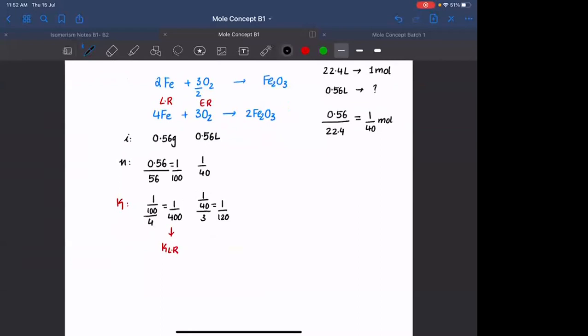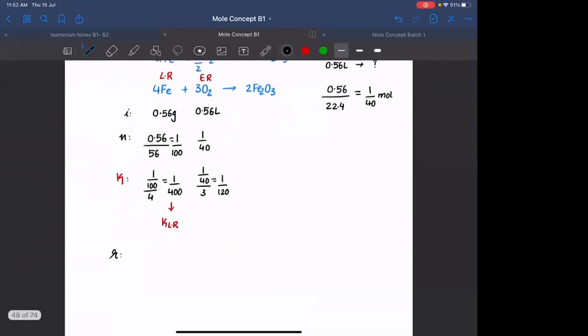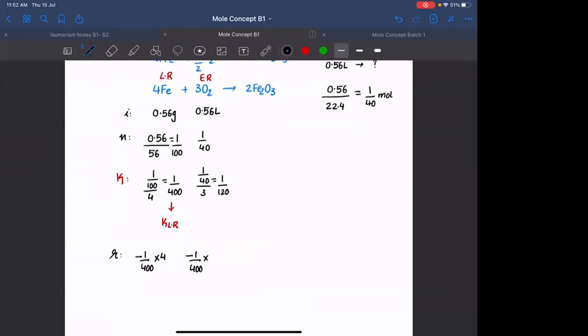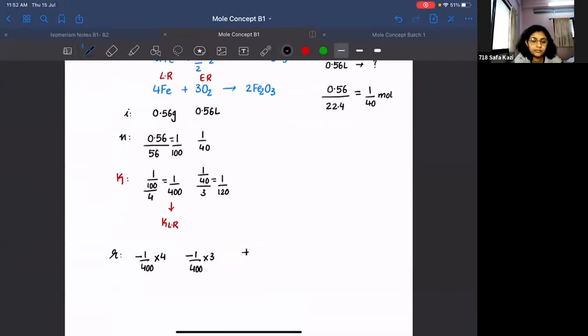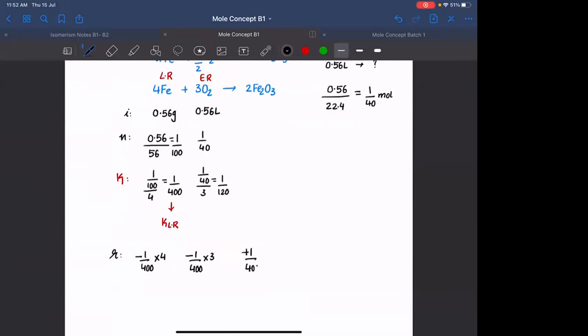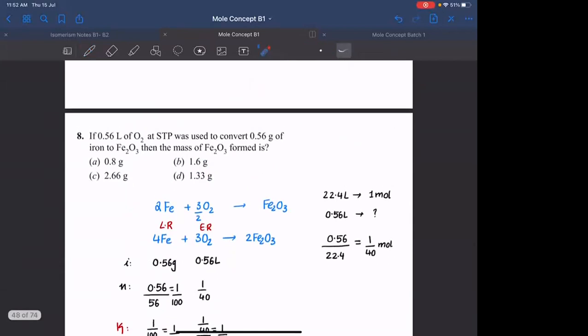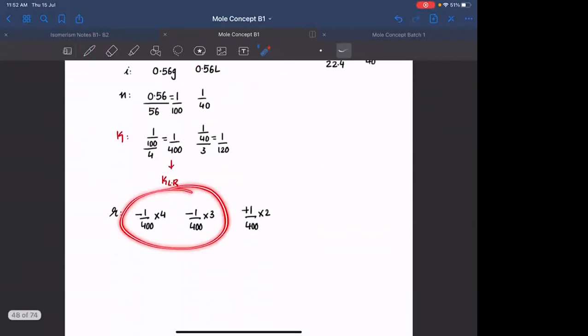So what is the reacted amount? Minus 1 upon 400 into 4, minus 1 upon 400 into 3, plus 1 upon 400 into 2. We are interested only in the mass of Fe2O3 formed. So don't bother about the others; how much is left was not asked. Directly calculate this.